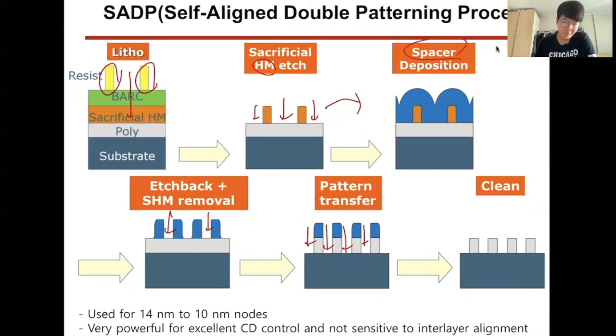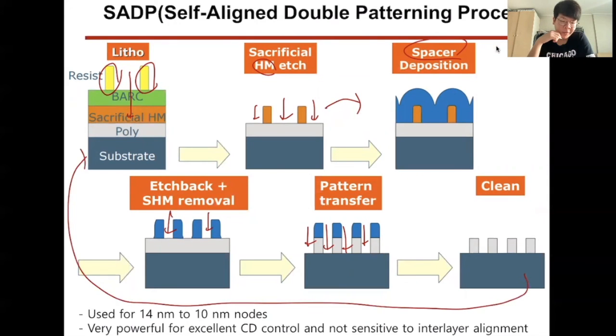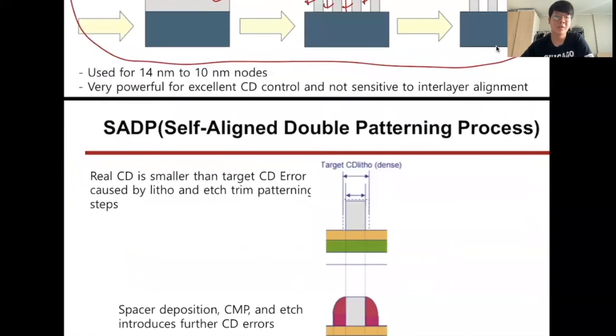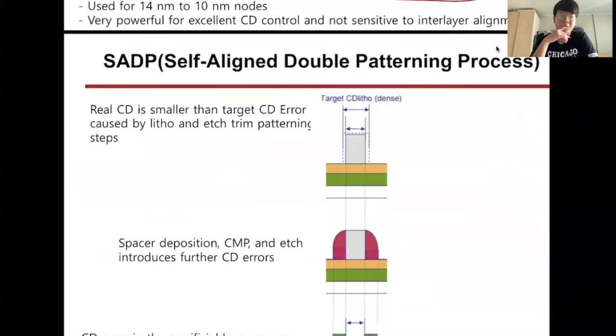The process can be repeated. If we deposit spacers again, using the spacer as a sacrificial hard mask, then we can make even more microscale patterns. However, it has problems.